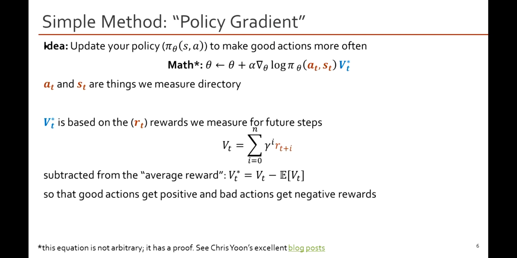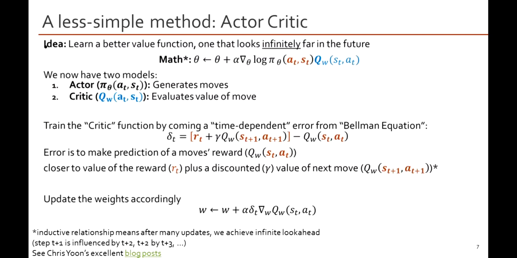Now this can get a bit more sophisticated, and we can indeed fix one of these problems: here I'm operating under a fixed time horizon, and this is going to break down if my really good rewards are only really visible if I hold out for a very long time. So one thing I can do is use an actor-critic model that lets me look infinitely far into the future.